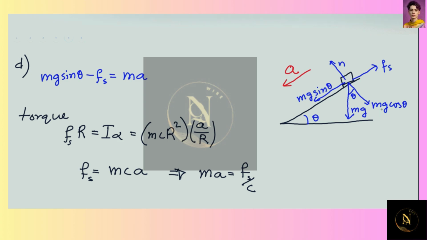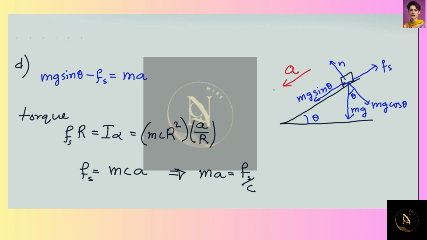One is mg cosine theta, which is just opposite to the normal direction of the force. And then we have mg sine theta, which is along the ramp, and since the frictional force is acting in the other direction, they will try to compensate for each other, and we have a resultant acceleration in the downward direction.